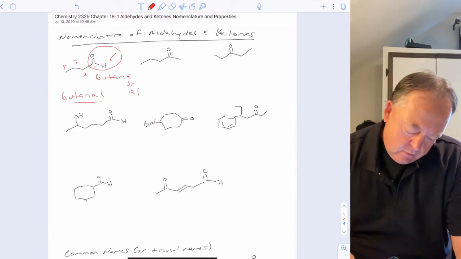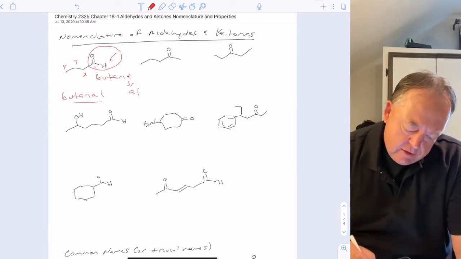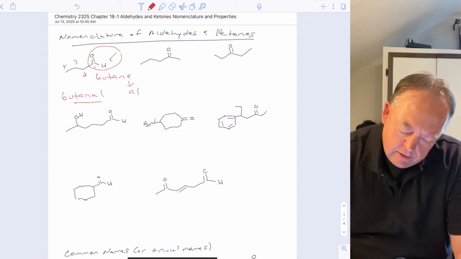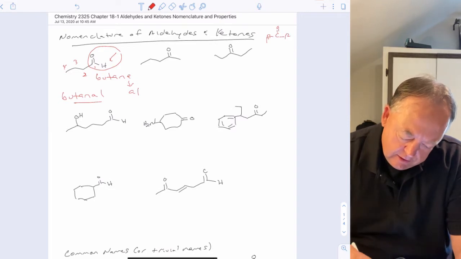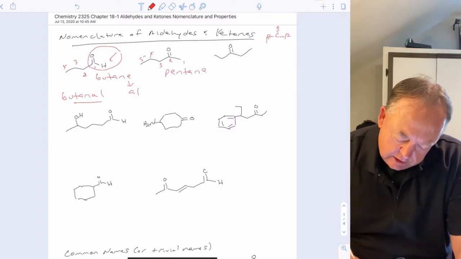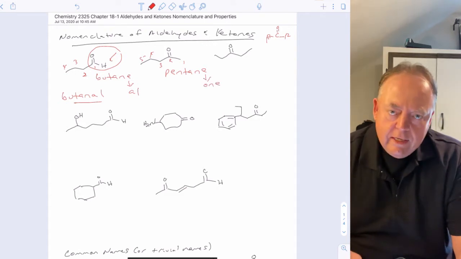Okay, so to name ketones, ketones have a carbon-oxygen double bond right between 2 carbons. So 1, 2, 3, 4, 5. So 5 carbons would be pentane. To name it as a ketone, change the E ending to ONE.